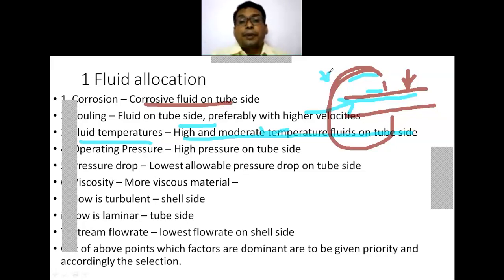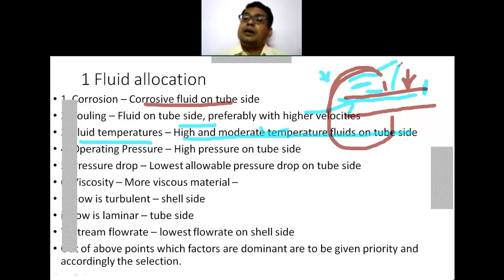Then next is the operating pressure. Higher pressures go on the tube side. Why higher pressure on the tube side? Because we can use sufficient thickness for the tubes only. If the high pressure fluid is on the outside of the tubes, you will require both a heavy shell as well as heavy tubes.